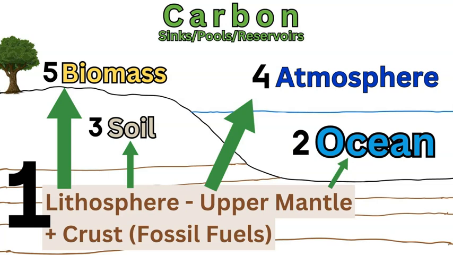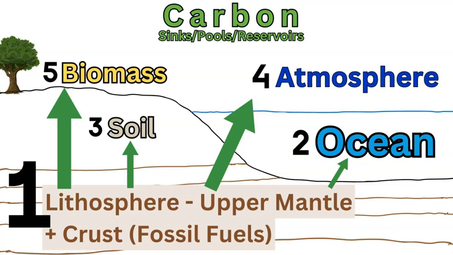It is the rocky layers towards the surface of the planet which contains the majority of the carbon. This is also held in fossil fuels, which we extract and burn to obtain energy through the hydrocarbons, which will obviously add additional carbon back into the system, which would have normally been held for a long time within this lithospheric pool or reservoir.